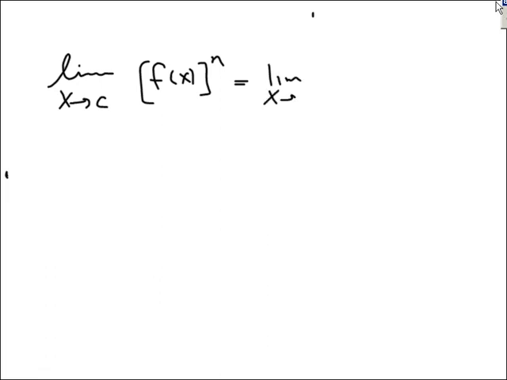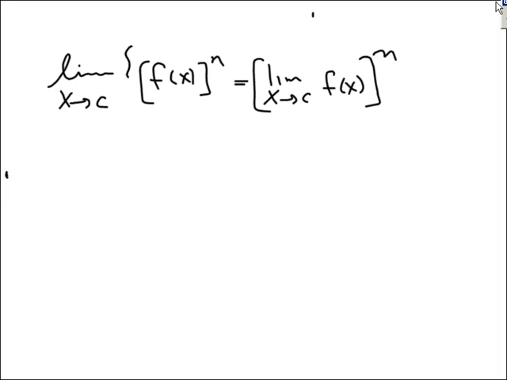If you have the limit as x goes to some number of a function to a power, what you could do is find the limit as x goes to c of that function and then raise that whole answer to n.